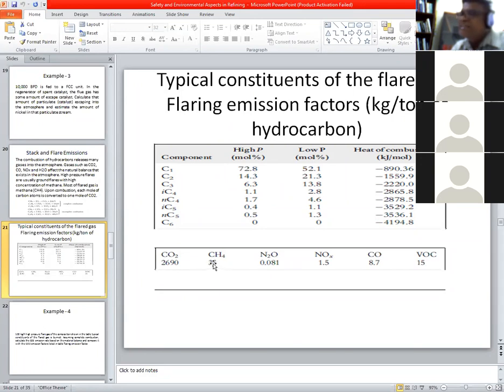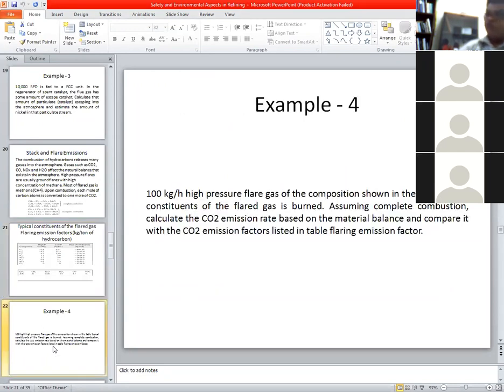CH4 is 35 kg per ton. So now, to do this calculation, we will do it together. See here, first the flare gas flow rate is given. Please read this. Okay, read this. I want to tell you here.